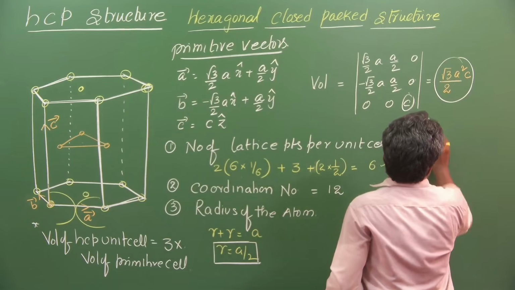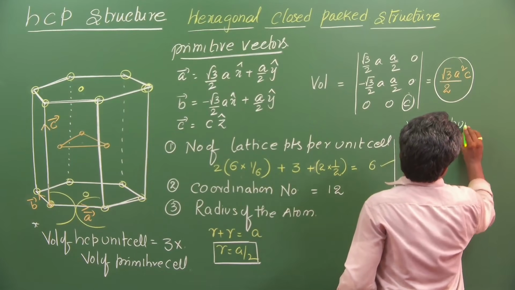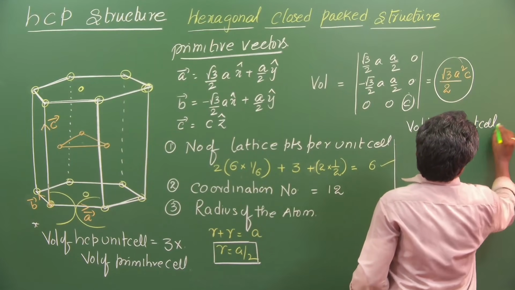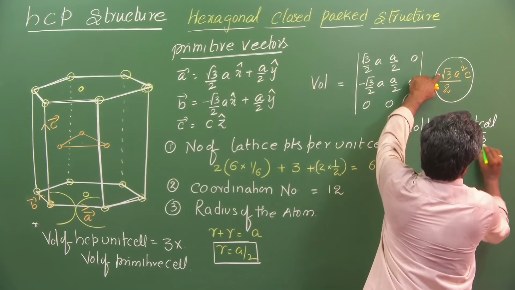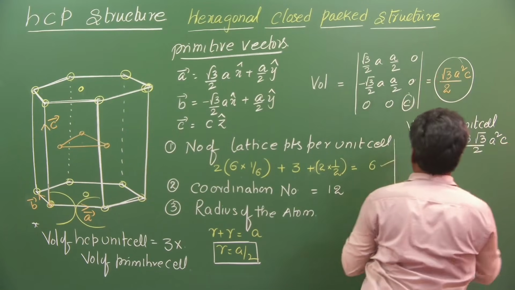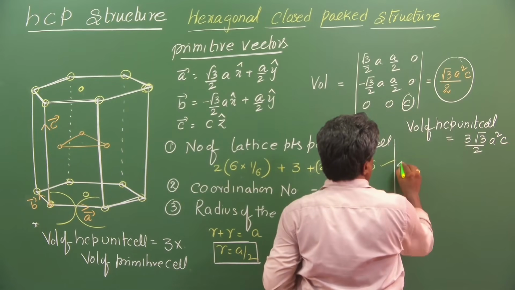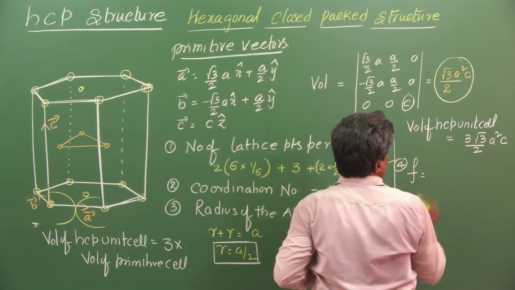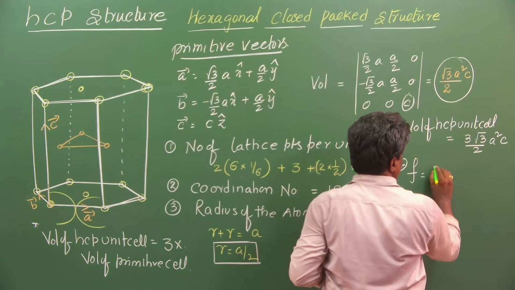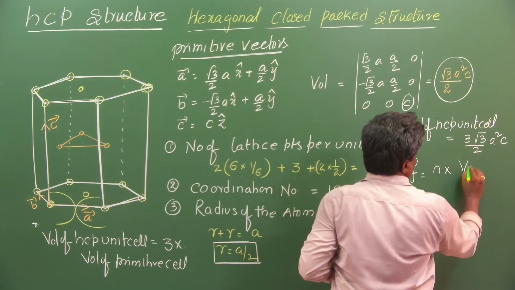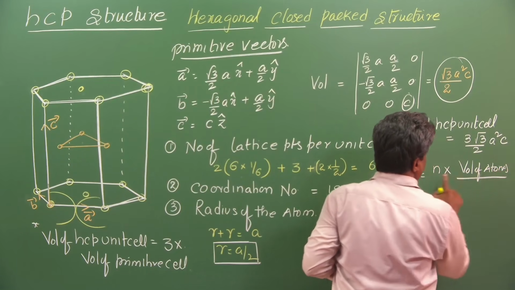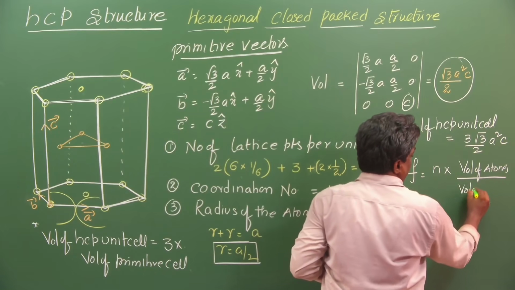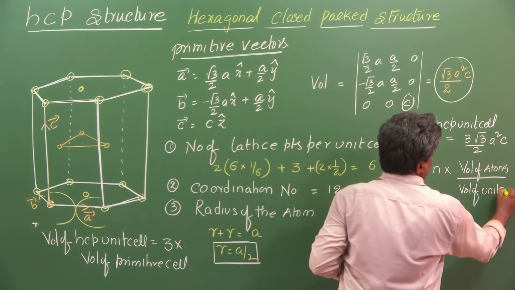Once again, volume of HCP unit cell equals how many times? 3 times, so 3 root 3 by 2 a square c. Now I am doing the packing fraction with a different formula. Packing fraction equals n into volume of atoms by volume of unit cell.